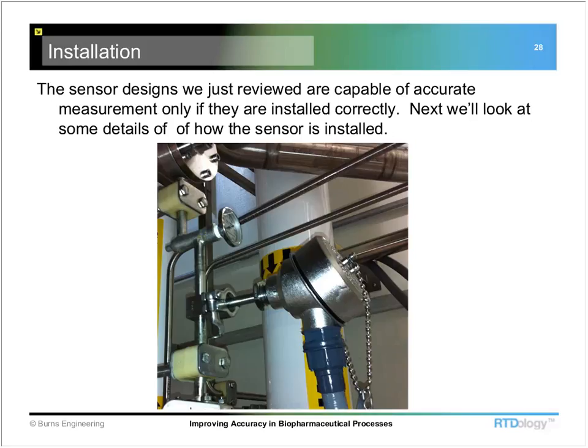I think the key here is if you've got a specific application that you've got a concern about, the best way to address that would be just to shoot us an email or give us a call and lay out the specifics, and then we'd be able to give you a much better idea of what's possible and what the concerns are.